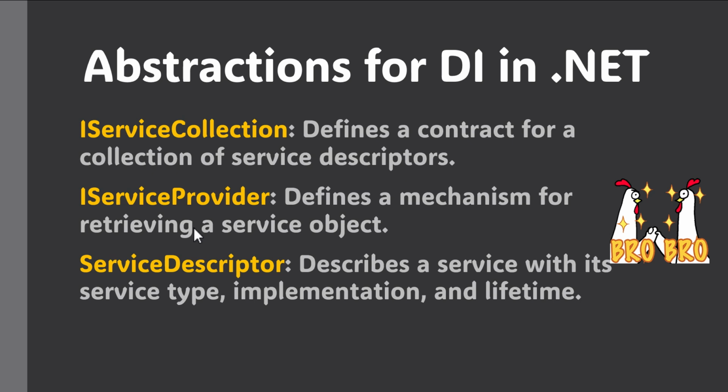Then we have another interface called IServiceProvider, which is responsible for providing the instances we registered. At runtime, we always ask the service provider to give us, for example, this singleton service or this scoped service. Later we talk about lifetimes. The provider is responsible for retrieving the service object.